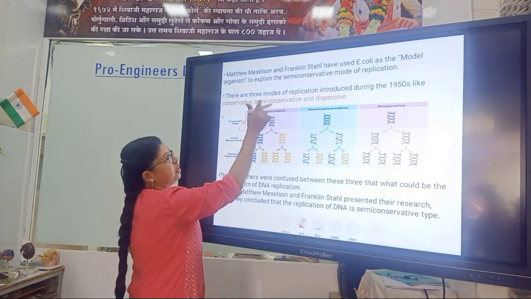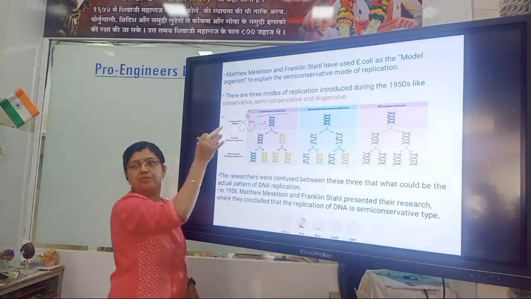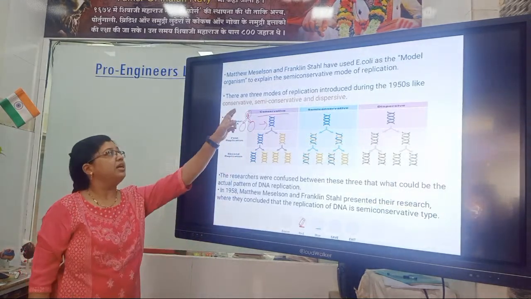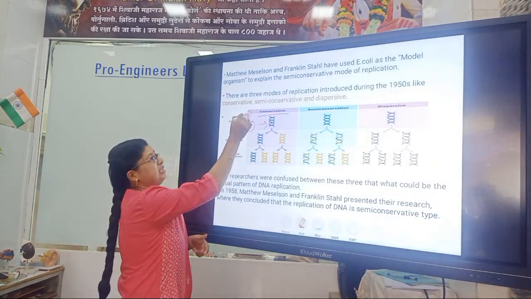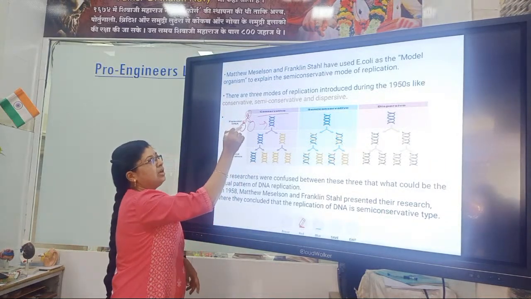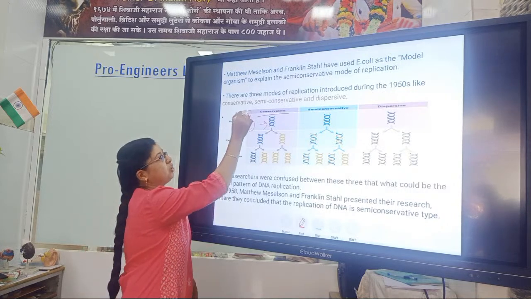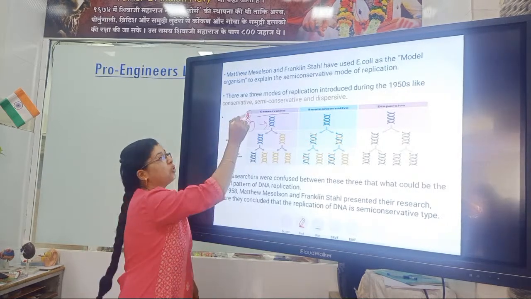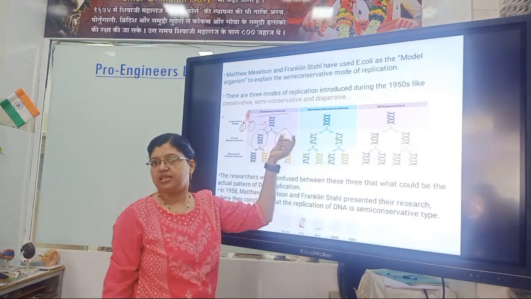In the conservative model, what happens? The parent DNA, the DNA which is in the parent cell, is transferred into one cell, and the copy of that DNA is transferred into the next cell.